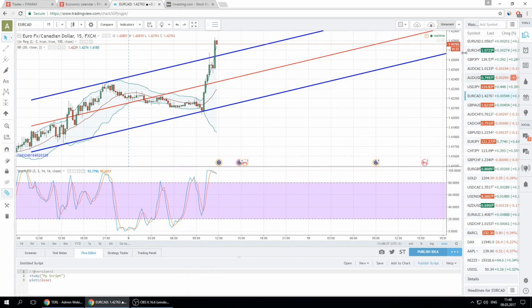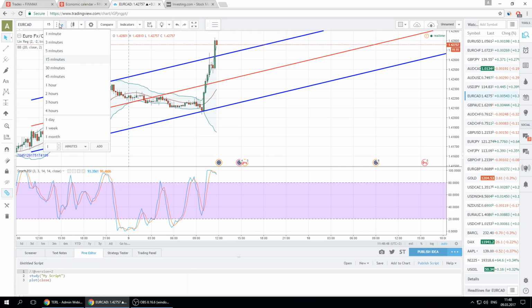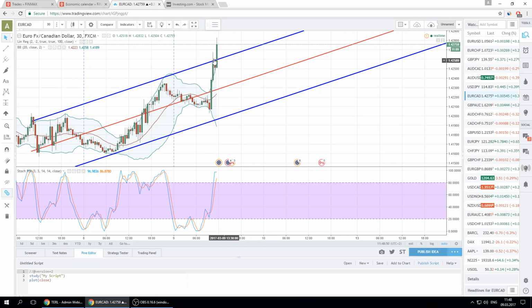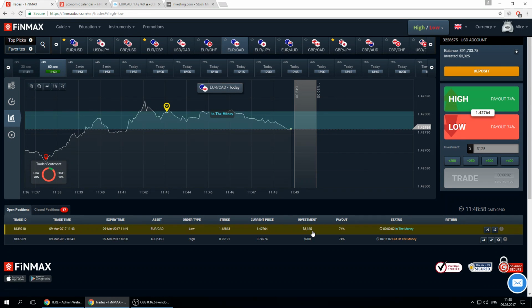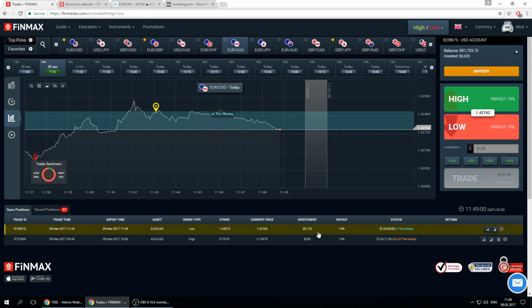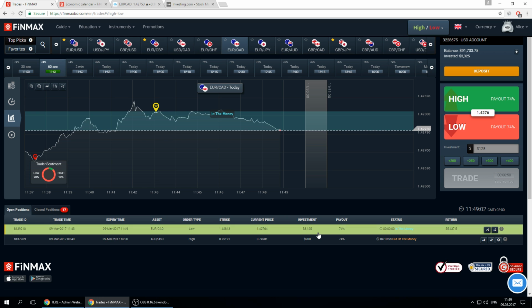In 11 minutes this candle will be closed, so there will be a pretty good situation for entrance. On 30 minutes, it's not clear now, so we need to wait for the next candle to appear. Okay, so this trade is also in the money.